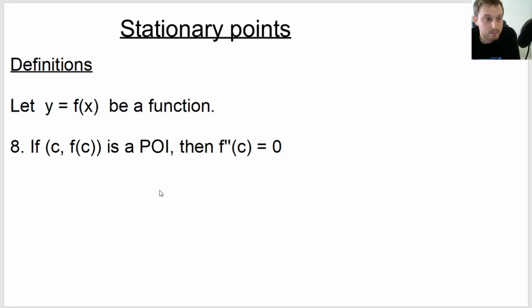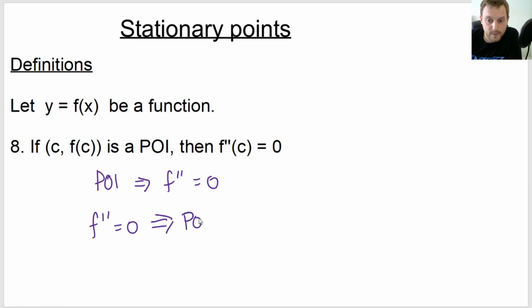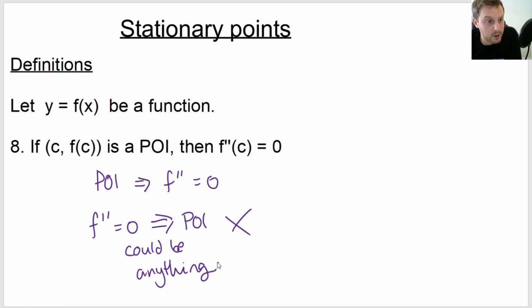The other way around, not necessarily. If you have second derivative equals 0, it could be anything. It doesn't have to be a point of inflection. The other way around is not true. I'm going to show you some examples in a moment where you have second derivative equals 0 but you do not have a point of inflection.